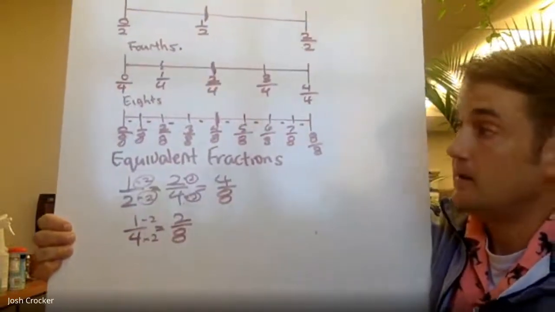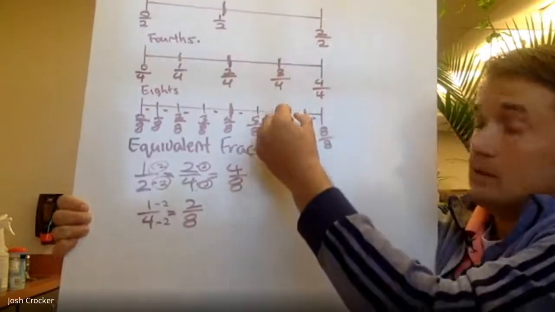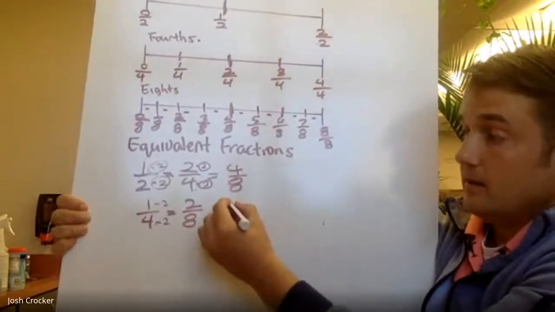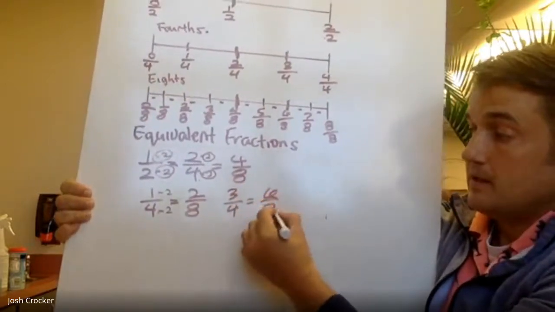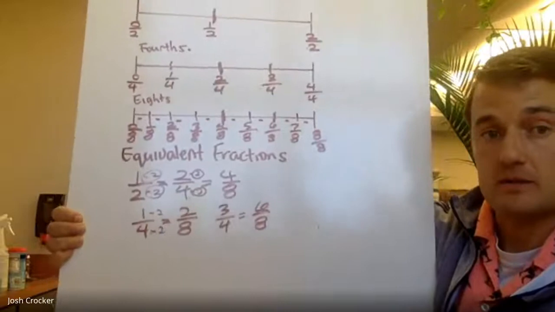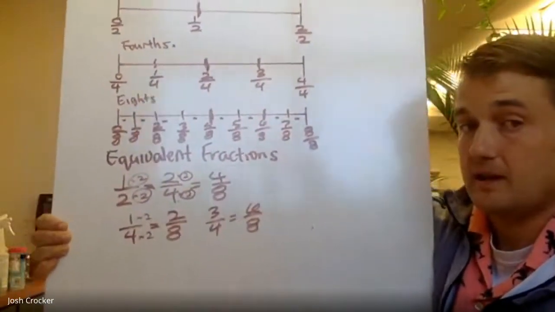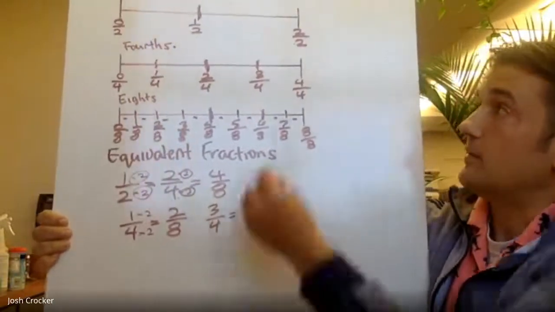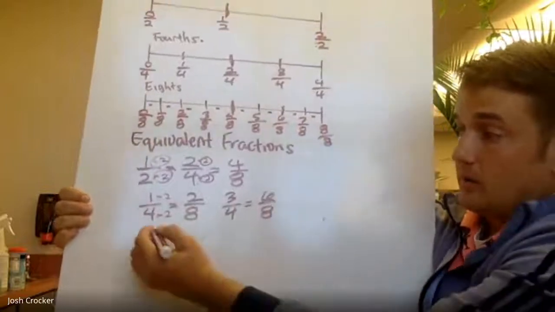That worked out. Okay. 3/4 lines up with 6/8. Equivalent fractions. Times 2, times 2. It's not always times 2. It just is on this number line, okay? And then, of course, the wholes and the 0 fractions are all equal also, okay?